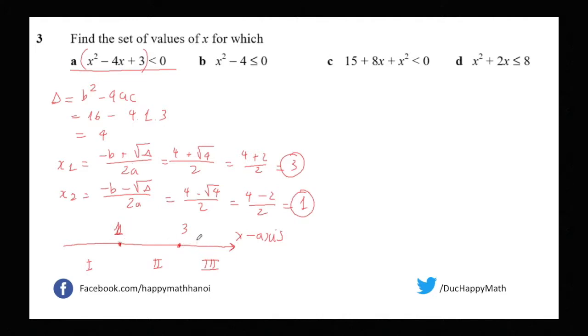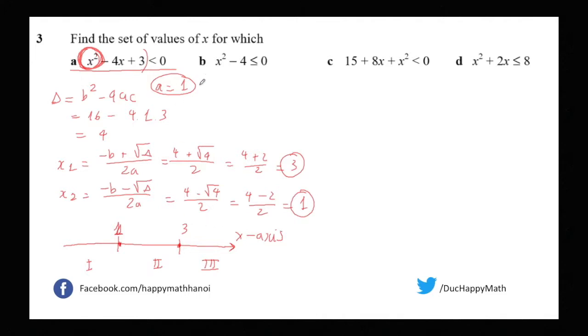And the next thing, I have to identify the coefficient in question A. The first coefficient of this inequality is a, in ax squared, and the a here equals 1. It means a positive number. So the outside of the interval 1 and 3 will have the same sign as the value of a.